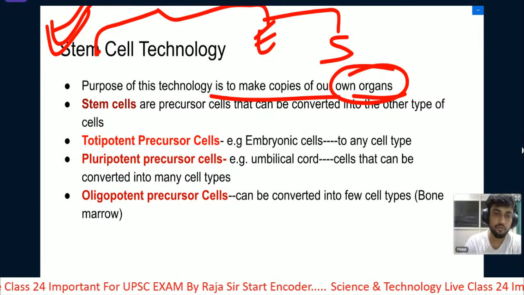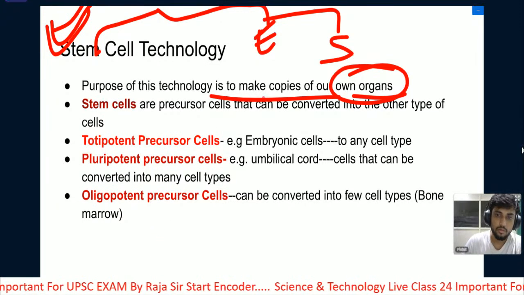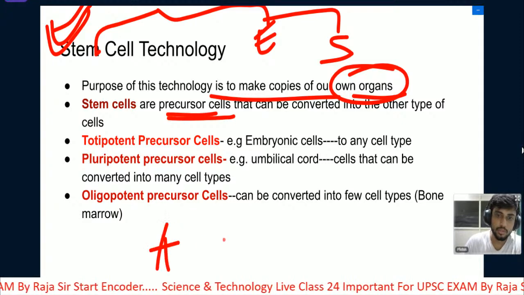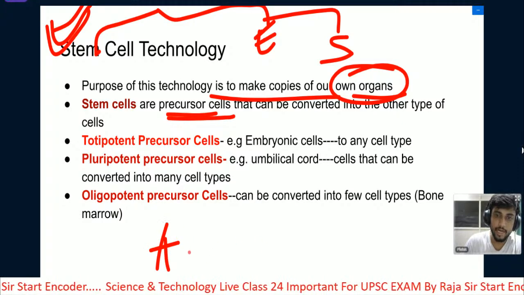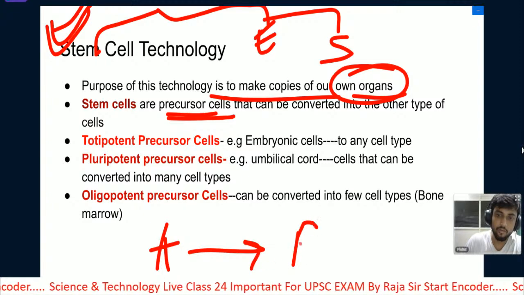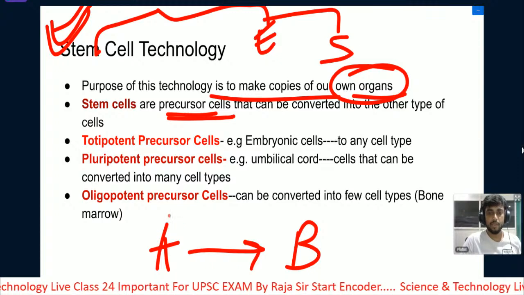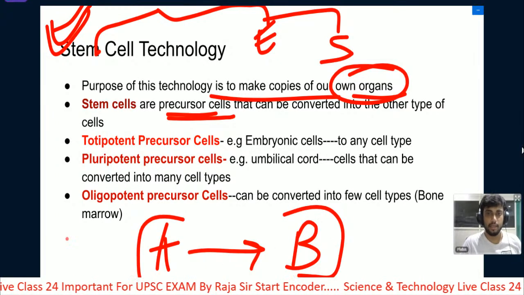Now there is a category of cells which are known as the precursor cells. Precursor cells are those like, if we have the cell type A and it can convert to the cell type B. A giving B is an example of the precursor cell.